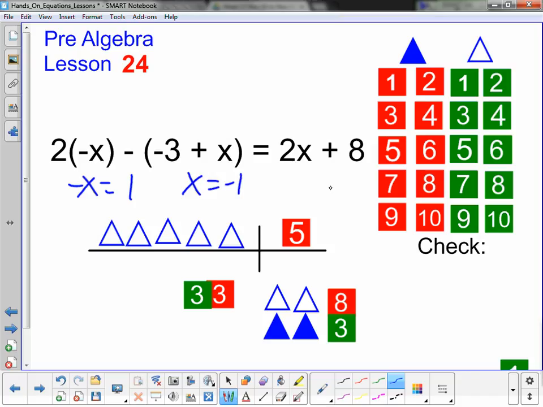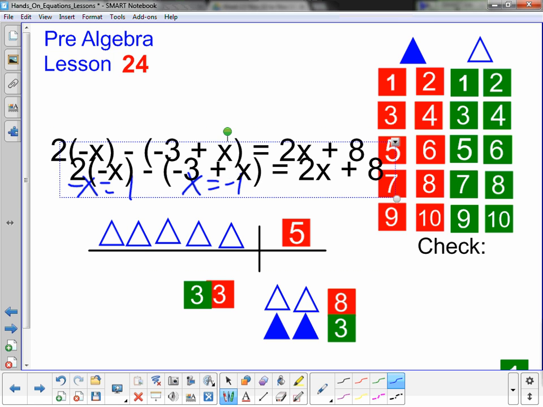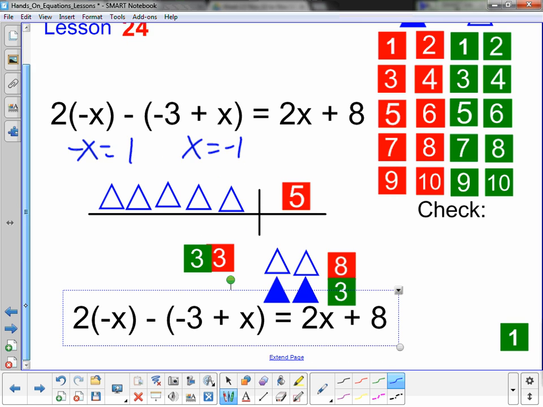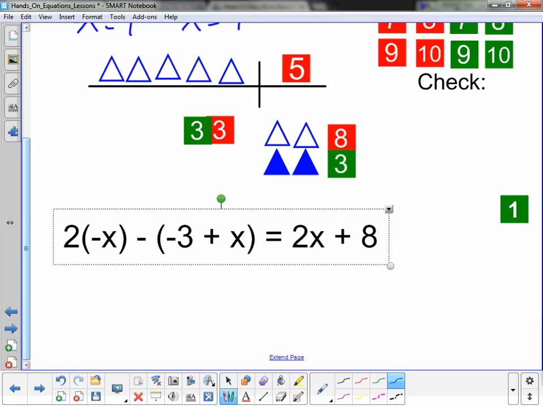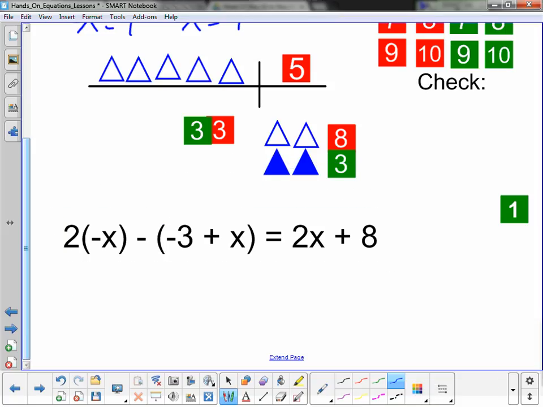Well, let's check that. Okay. 2 times a 1 would mean I have a 1 plus a 1 here. There we go.